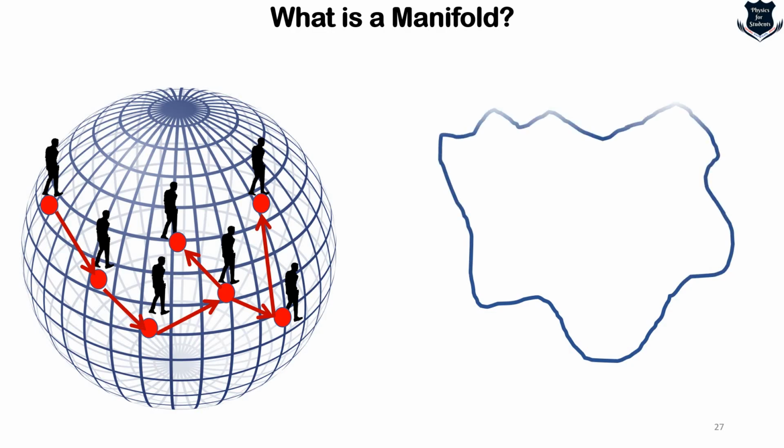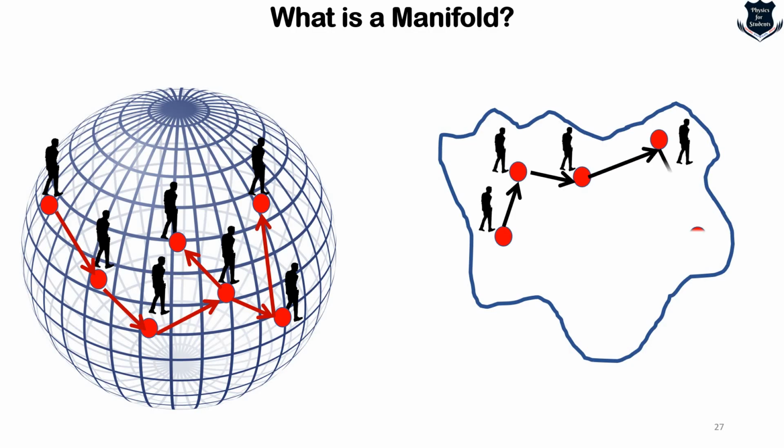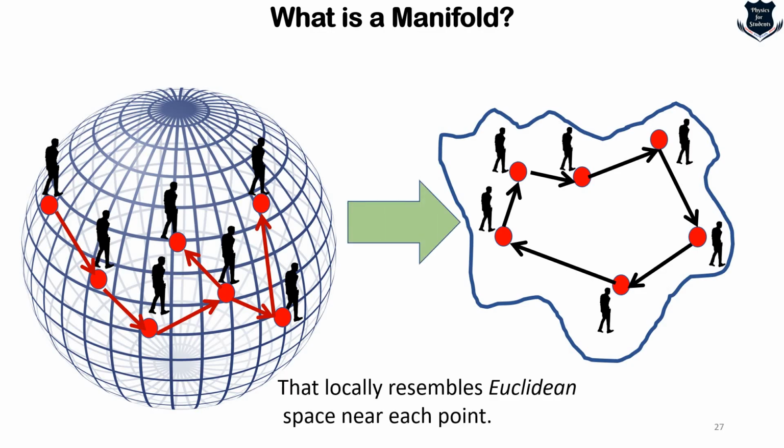Now if I zoom into this global area, what happens as I zoom further and further is that it becomes very flat. Then I can start walking and joining those red dots one by one, and I can come to the same point. So overall the movement is the same, but I have zoomed this part and made it flat.